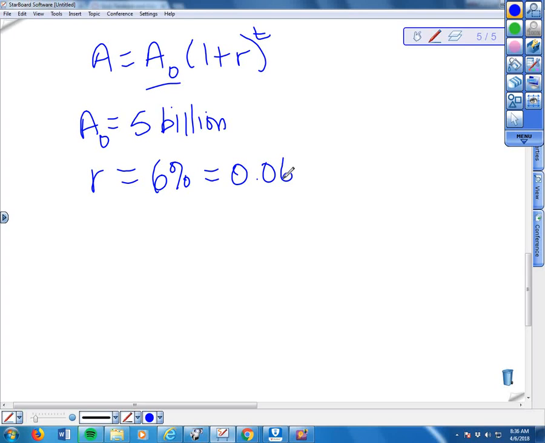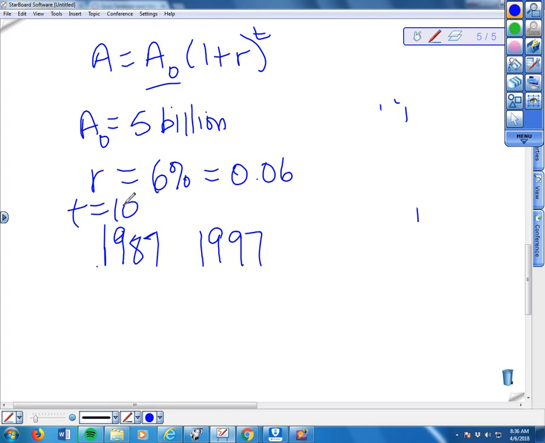Well, we started in 1987, and we end in 1997. How many years is that? 10 years. So that's T. I've got everything I need now to solve for A. I just plug everything in the calculator at this point.